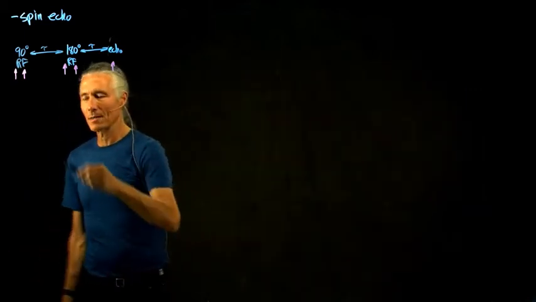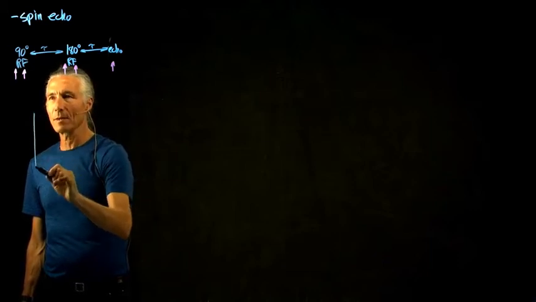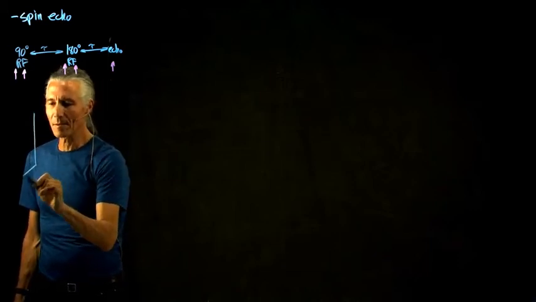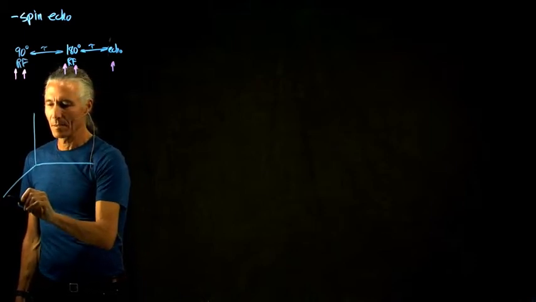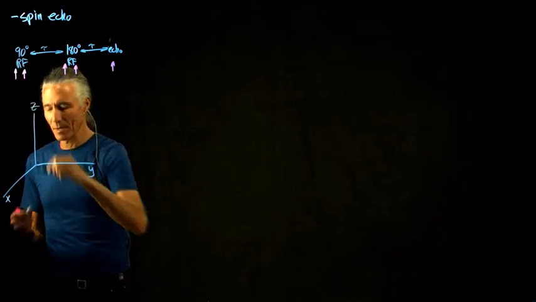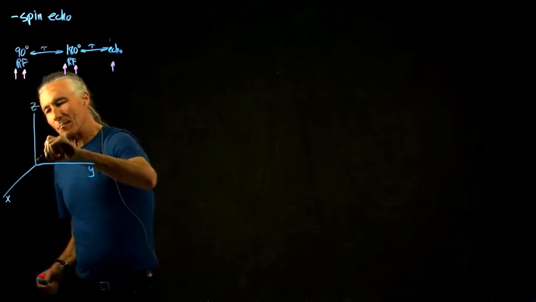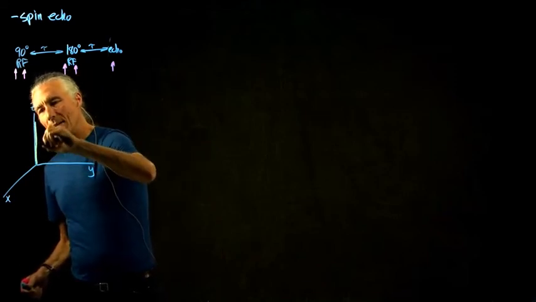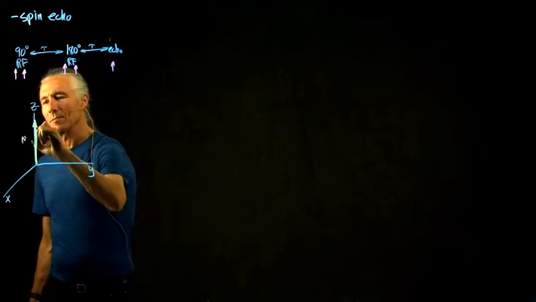So the first part is the easiest. We have our x-axis here, y and z. So the first part is we have our magnetization. We've waited a long time, a couple seconds, and so we have our MZ0 here.